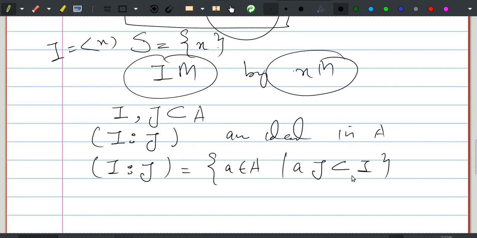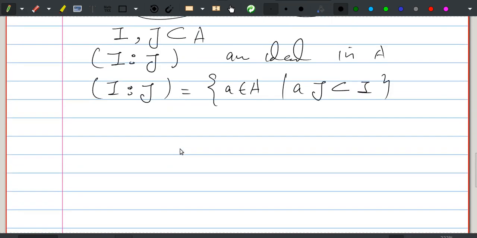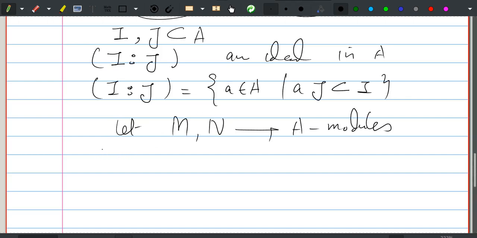Now there is this question, can we have this notion of colon in modules? So let us suppose we have two A modules, say M and N. Now there is this question, can we have the notion of their colon?